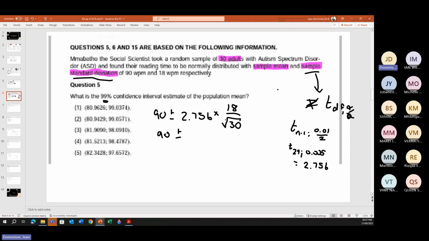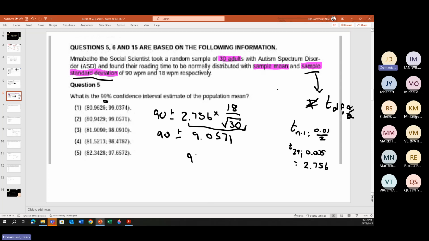So 18 divided by the square root of 30 is 3,2863. If I times that by 2.756, I get that this answer is 9.0571. And let's just hope there is a few.